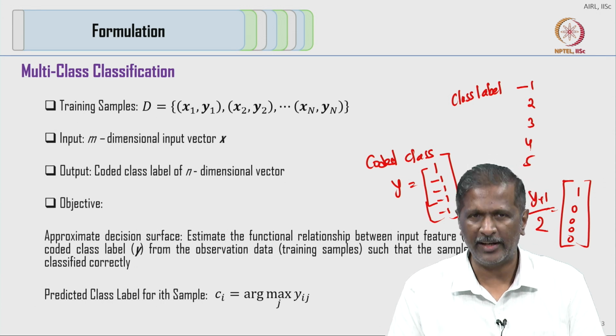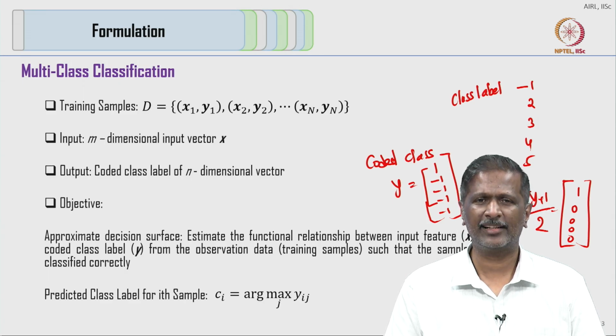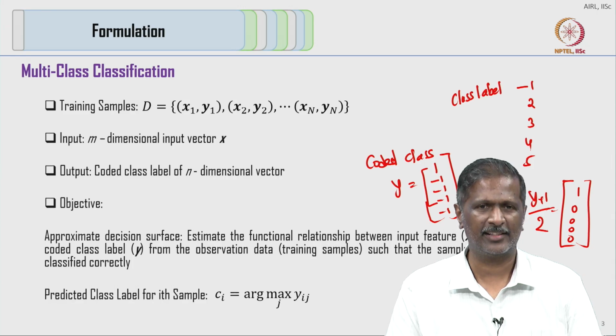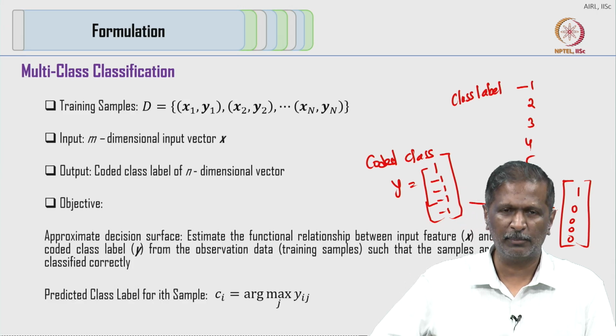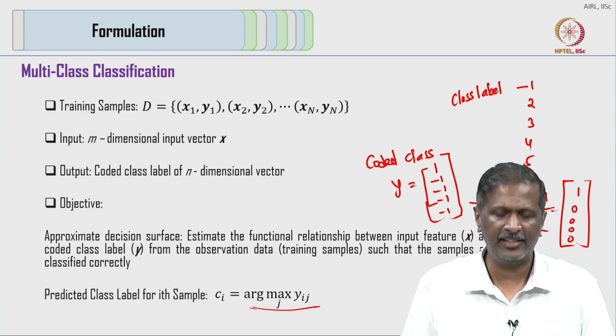Now, because we converted the class label to a coded class label, how do you find the class label back? Class labels are integers for us. So we simply use argmax of y_ij.